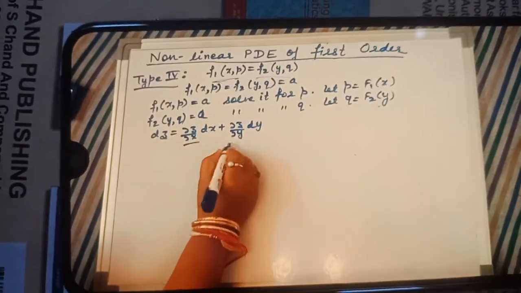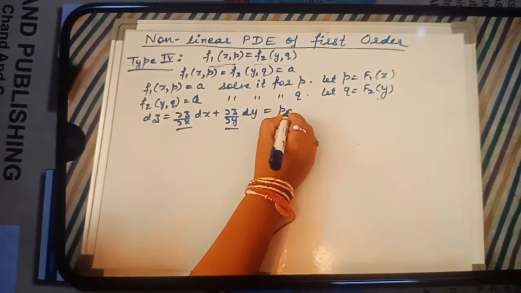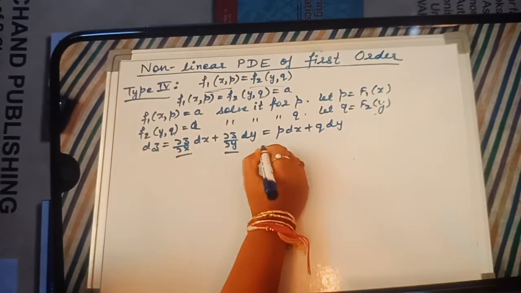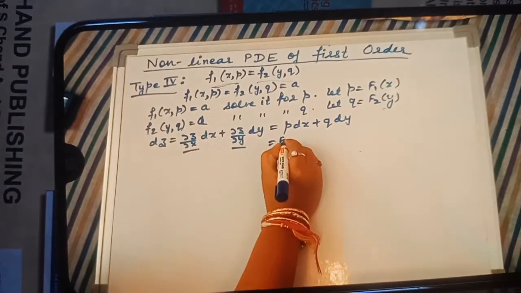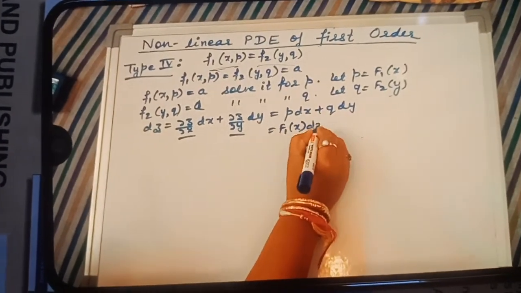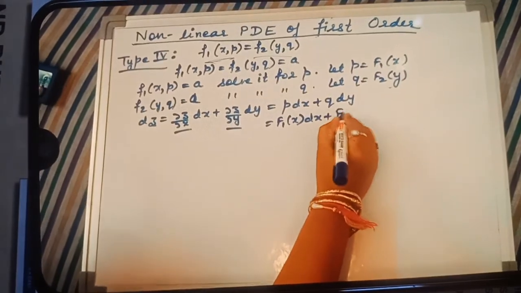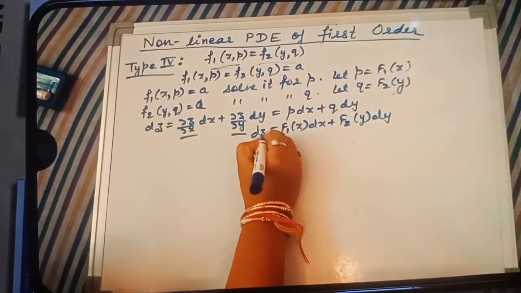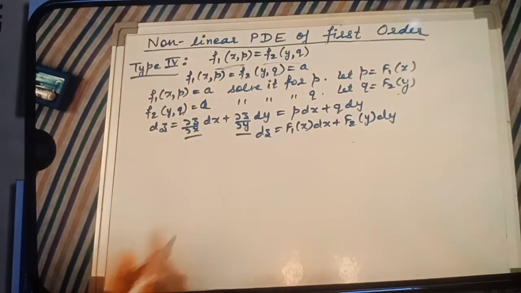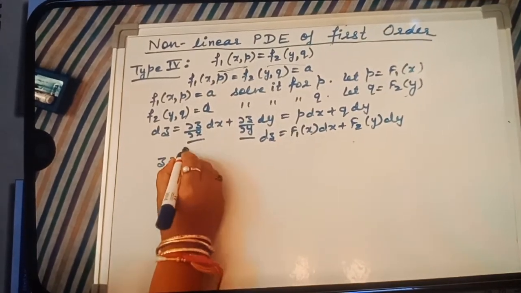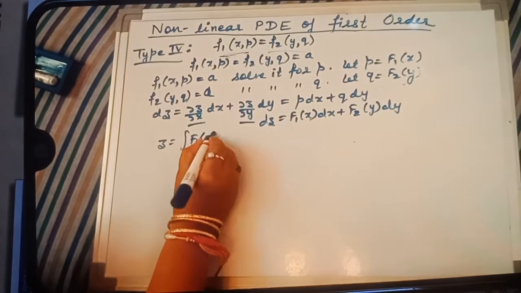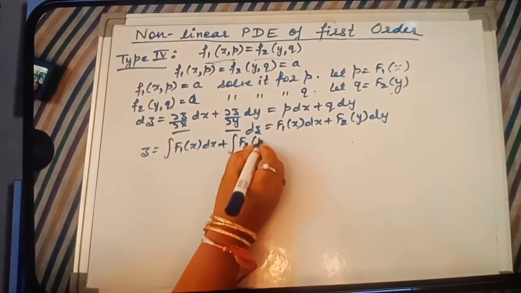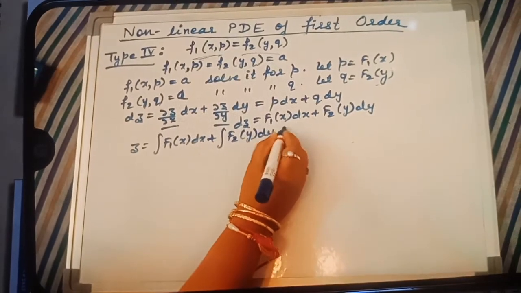This is the value of p, this is the value of q. So we can write as p dx plus q dy. For p we have found f1(x) dx, and q we find in terms of f2(y) dy. This is the value of dz. Okay. On integration we get z as integration of f1(x) dx plus integration of f2(y) dy plus c.